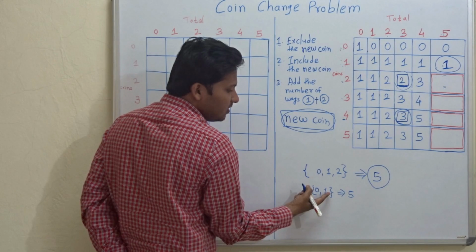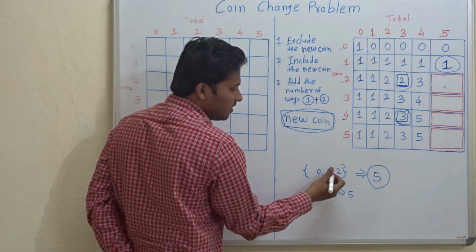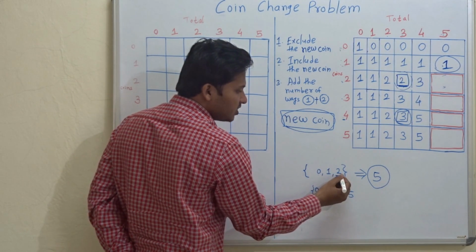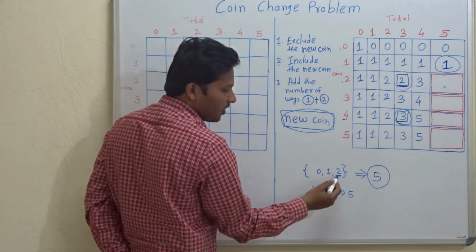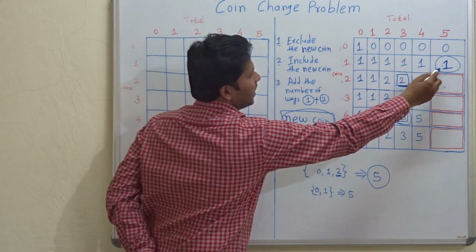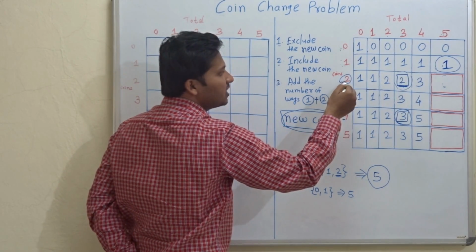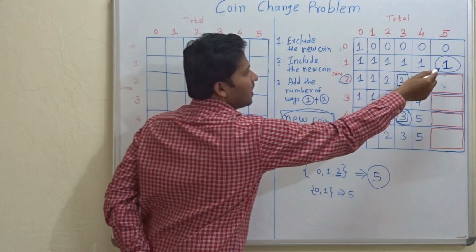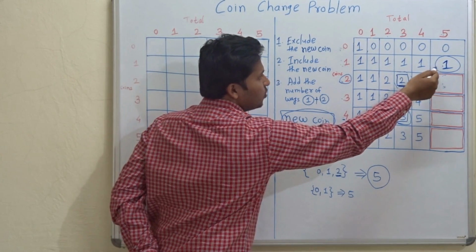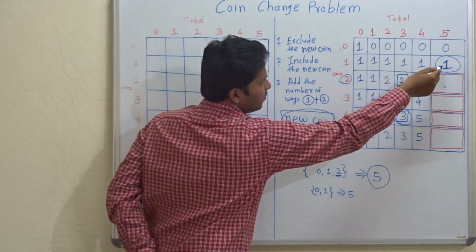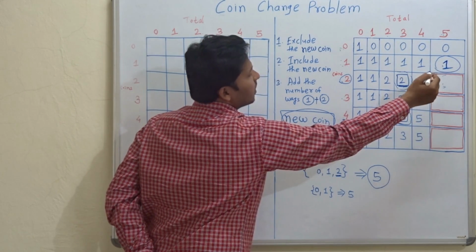So what is the additional coin here? The coin of denomination 2 is the additional coin. When we come to this cell, the additional coin is the coin of denomination 2, and we have the answer up to the coin of denomination 1 to make the total 5.